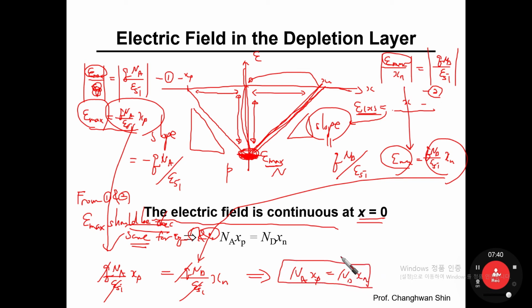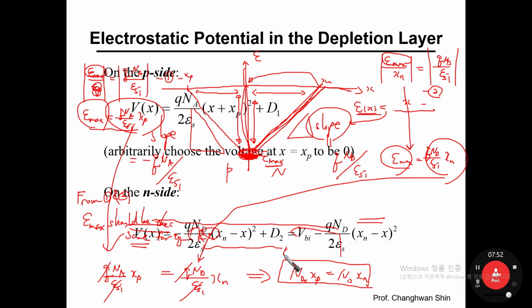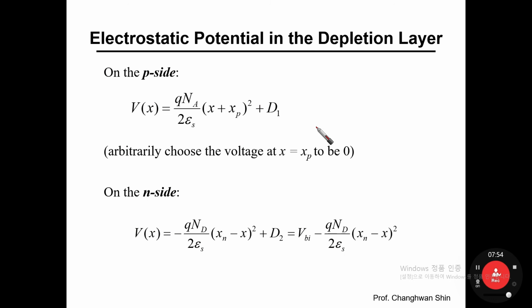Okay. So this condition can be found and derived. We're gonna use it later when we estimate the depletion layer width across PN diode. Okay, so let's keep going on and keep doing the electrostatic analysis.